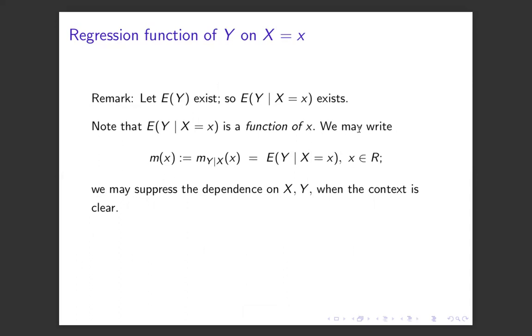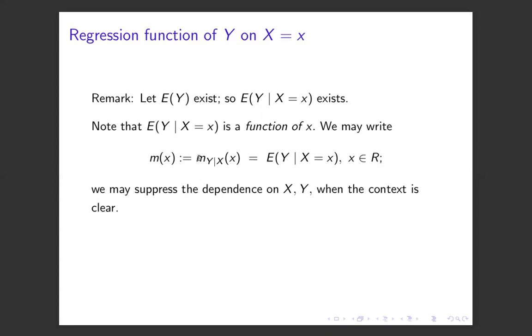So to emphasize that, we write it as m(x), which is basically a shorthand notation of, let us say, m sub y given x at x. So that is conditional expectation of y given capital X equal to x. Here we are going to consider this as a function of x, with x varying in R.